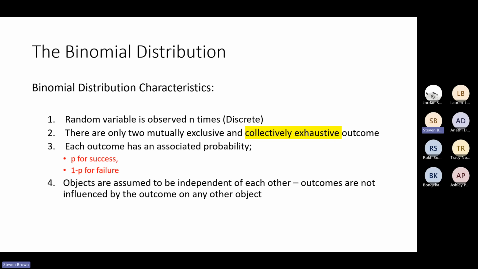Each outcome has an associated probability. So in the example I've shown you, in the example I'm going to go through very slowly with you, they're going to say 1 out of 4 people do something. That is a probability. It's 1 over 4, class. It's 25%. It's 0.25.